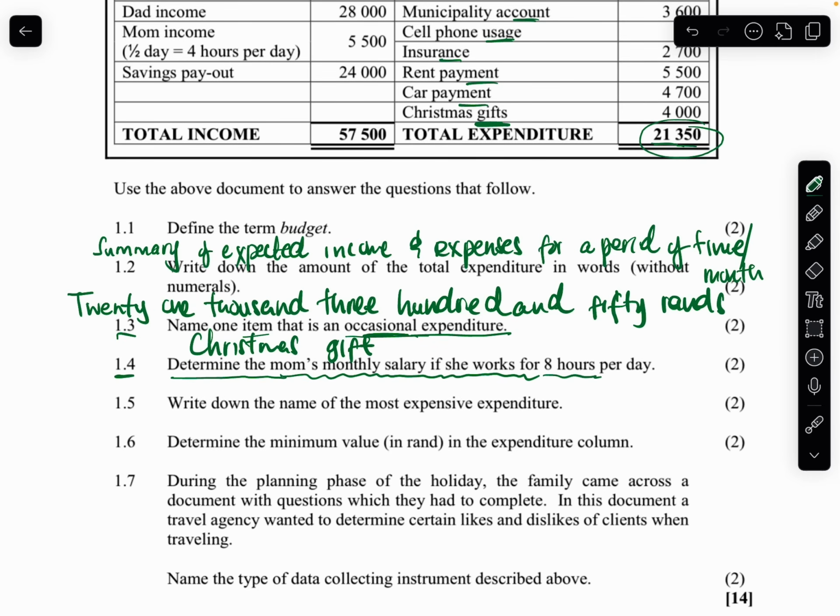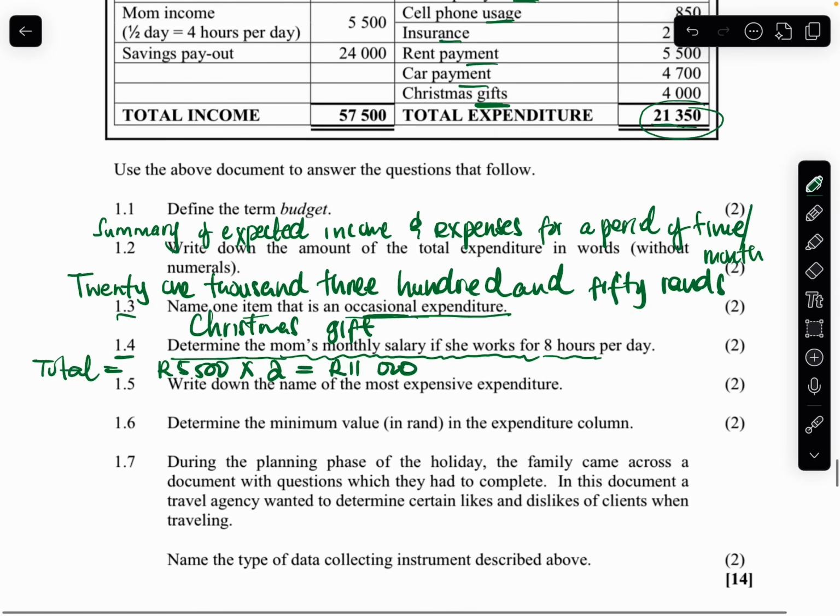You're going to take the 5,500 times 2. It's going to be 11,000, if my math is correct, for 8 hours. I hope that makes sense, guys.